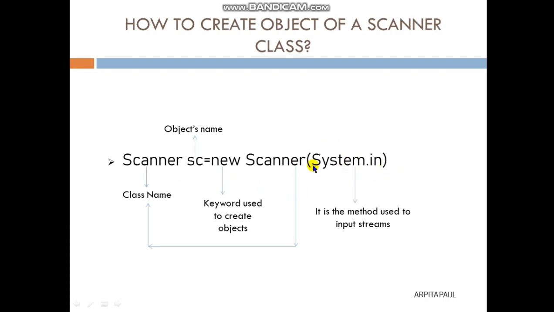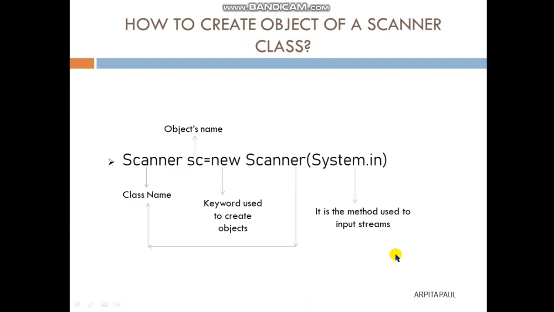Okay, so this is how we will write, and concentrate that in Scanner S will be in capital. Here also S will be in capital. In case of System.in also S will be capital. So Java is a case sensitive language, so you need to remember where you have to write the letters in capital. Okay, so this is how we will create the object of scanner class.